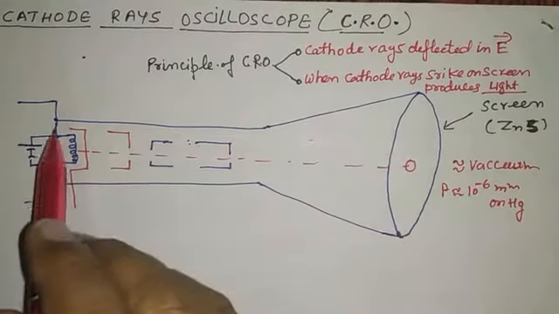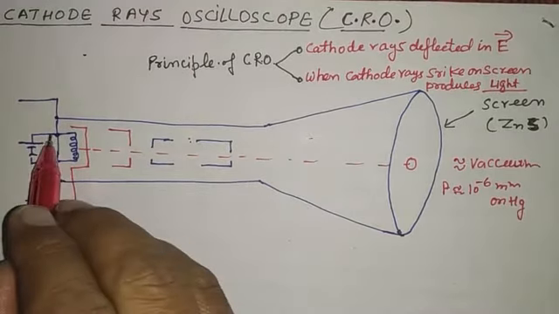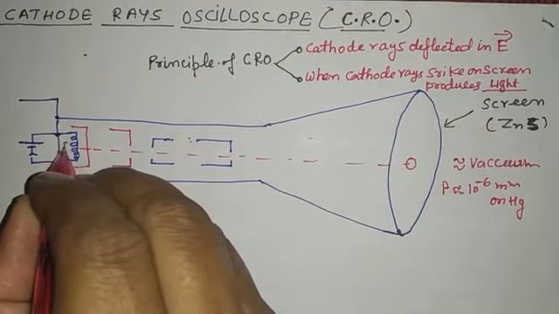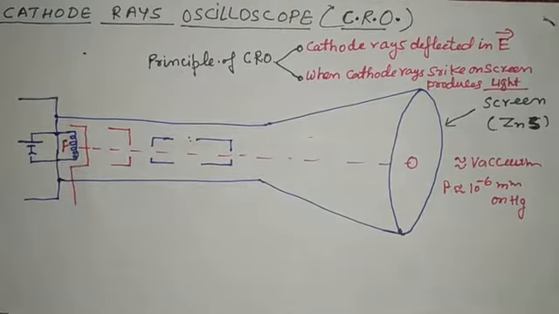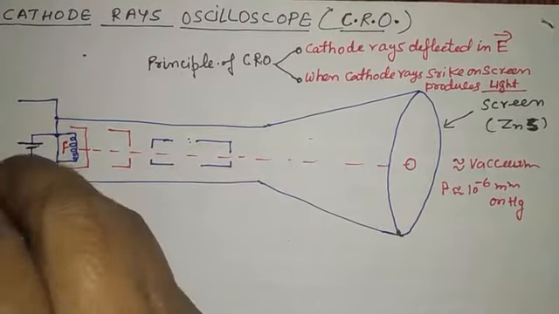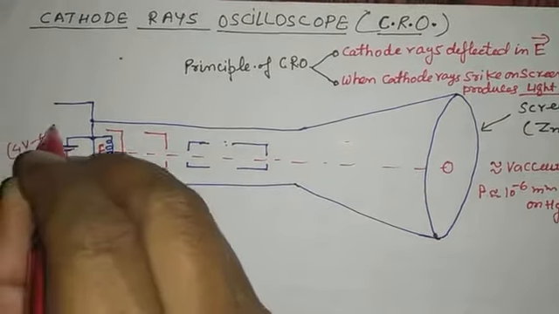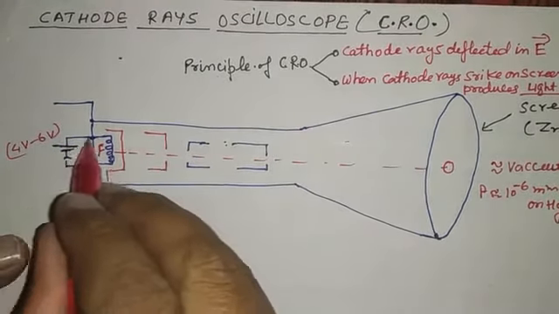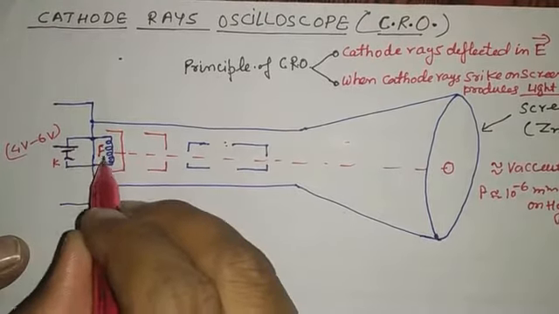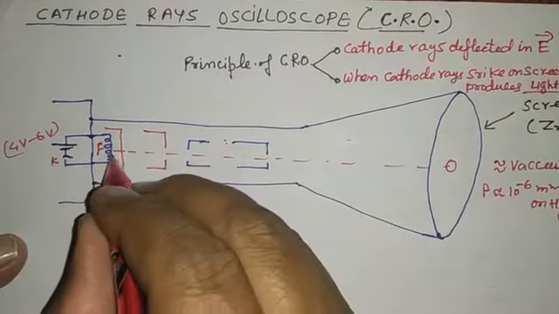Here, see, this is the enclosure. In this enclosure there is a filament F. Listen very carefully. This filament is connected here with a cell, from 4 volt to 6 volt. As the key is pressed, the circuit becomes complete and this filament gets heated up.